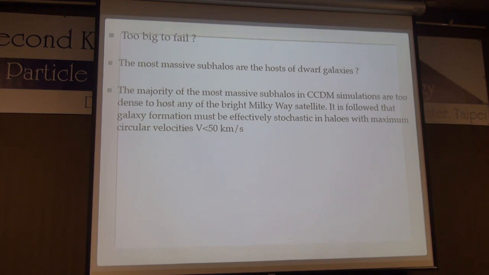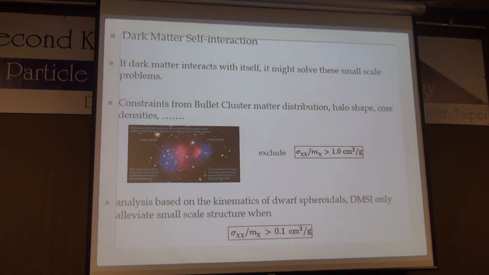If a dark matter sub-halo is too dense, it cannot go on to form galaxies. So that's the motivation for dark matter self-interaction. If we have dark matter self-interaction, those problems can be solved. Just one of the solutions.